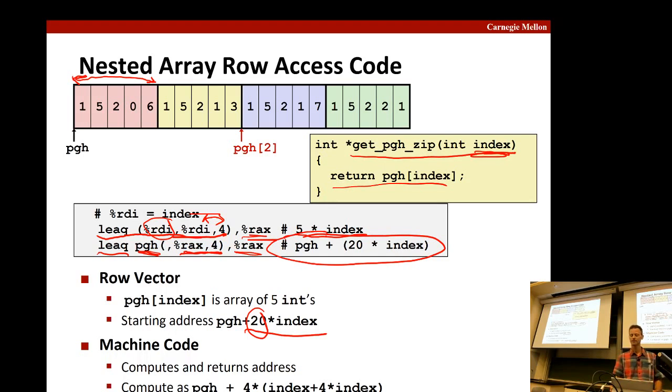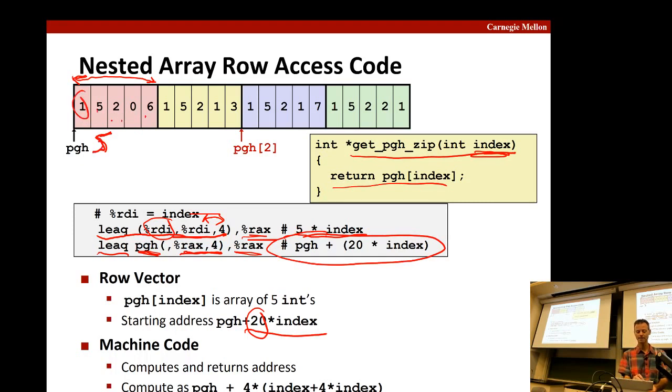Any questions on that? Sorry, how do we get 20 times index? Okay. There are 5 elements in a row, another way of saying there are 5 columns, 1, 2, 3, 4, 5.